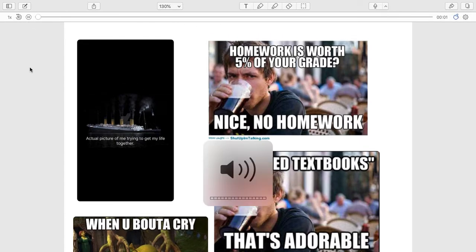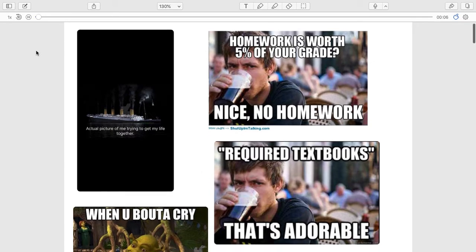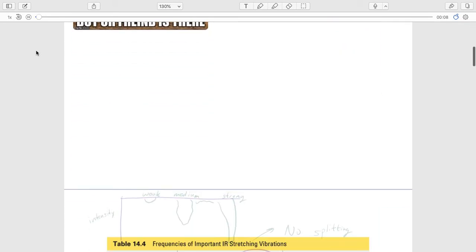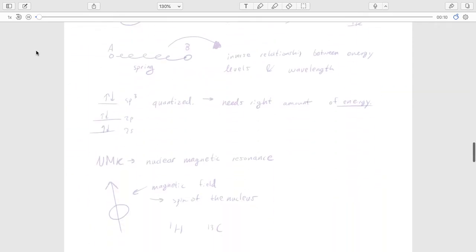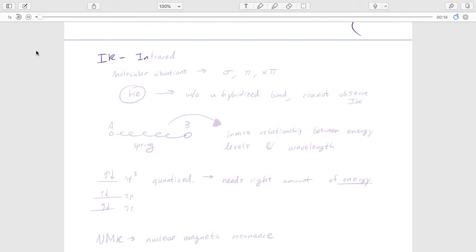This deals with quantum mechanics, which you will love and adore in physical chemistry next year. So IR, which is infrared, has to do with molecular vibrations, ranging from sigma to pi to double pi bonds and such.